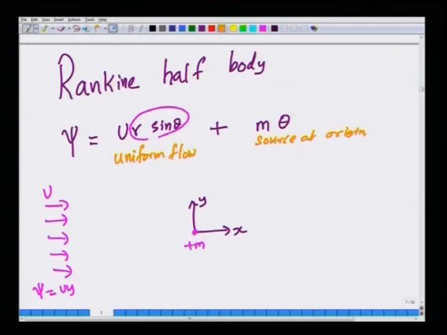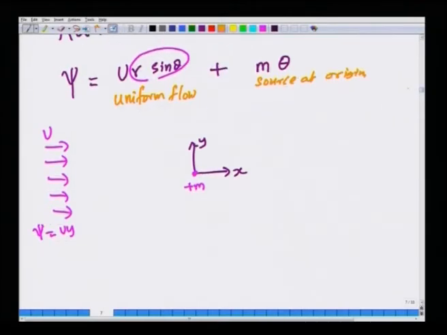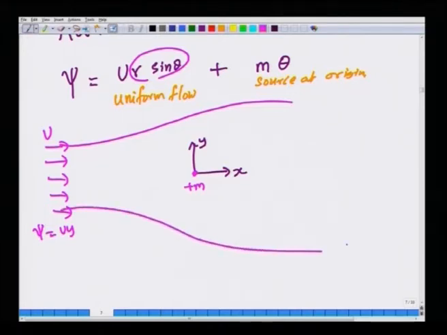Now, if I plot the streamlines by putting in values for psi, far away you get flow like this. Close to the origin, the source tries to push fluid in this direction, but it is soon convected away by the uniform flow in the plus x direction.